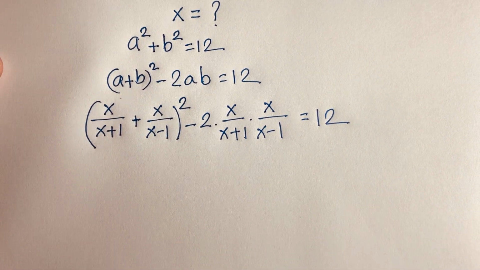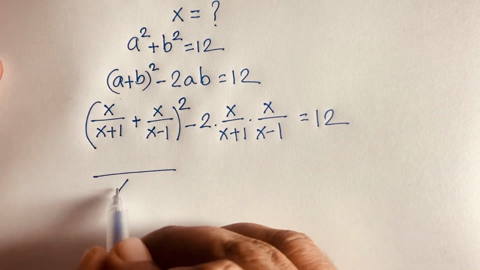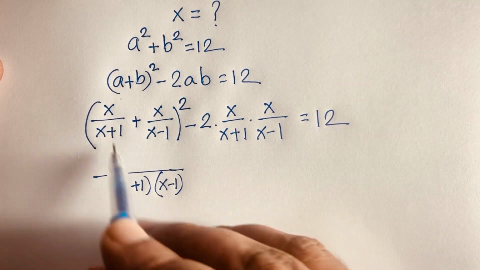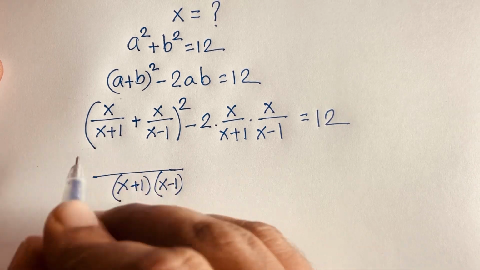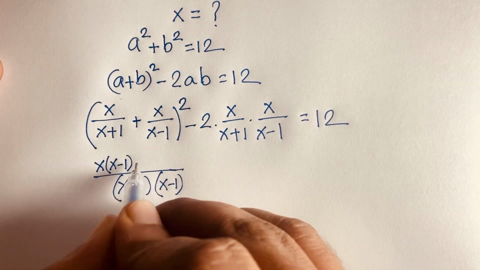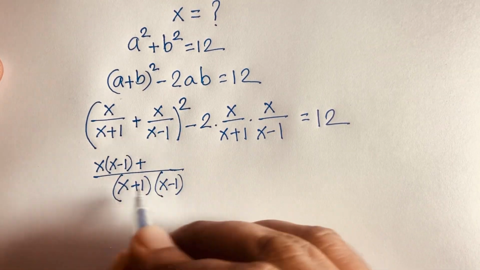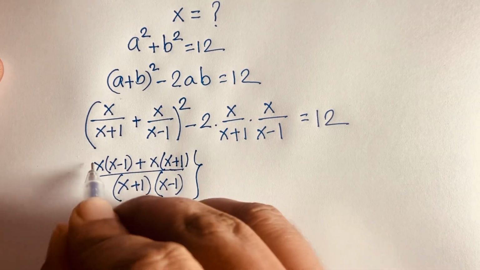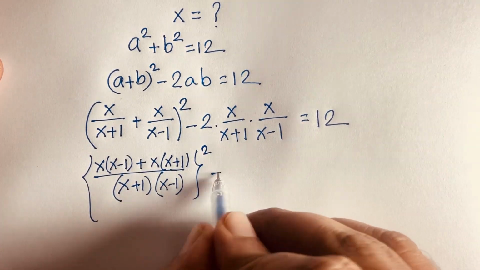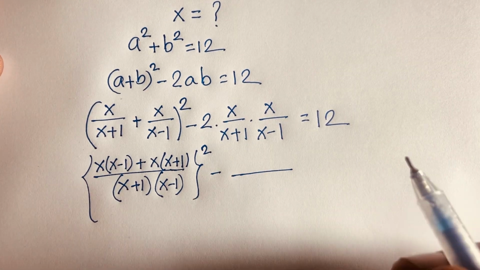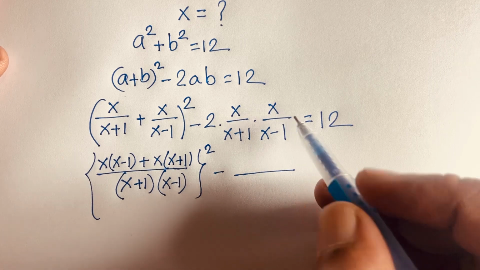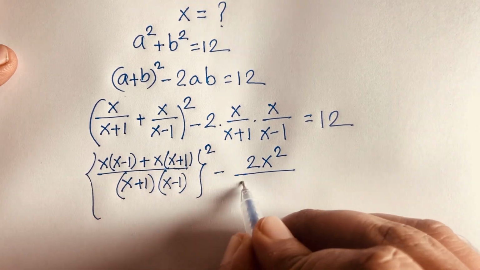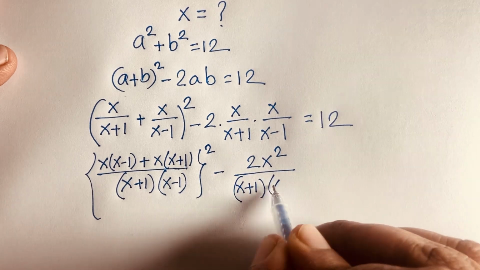Then the least common denominator is (x+1)(x−1). This divided by this is x−1, so x(x−1) plus this divided by this is x+1, so x(x+1), all to the power 2, minus, and x times x is x², so it will be 2x², over (x+1)(x−1), equal to 12.